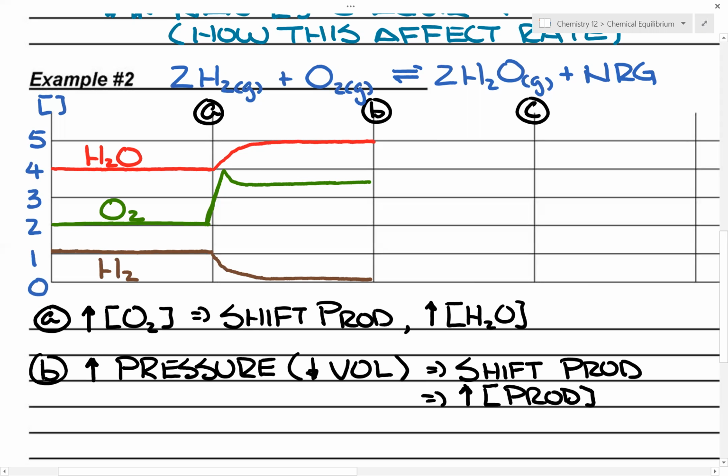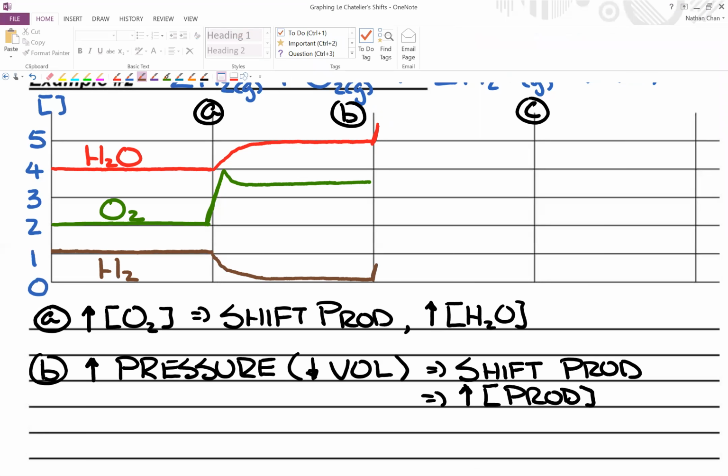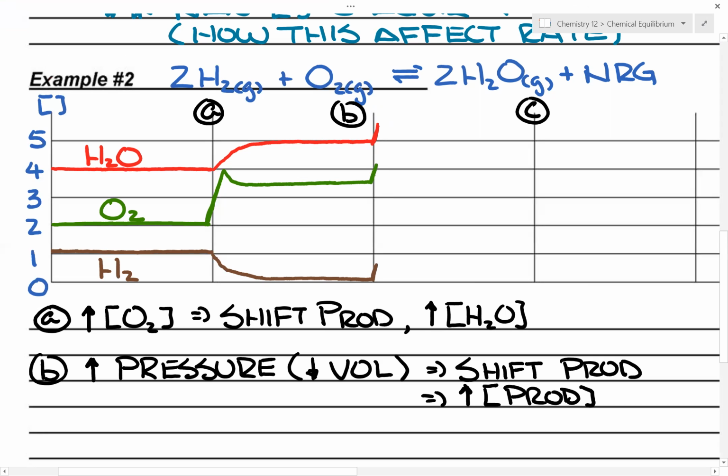Now, how will situation B look? I'm just going to move this here. So situation B. If we increase the pressure, one thing you will notice is that all the concentrations go up. Okay? Now, why do all the concentrations go up?